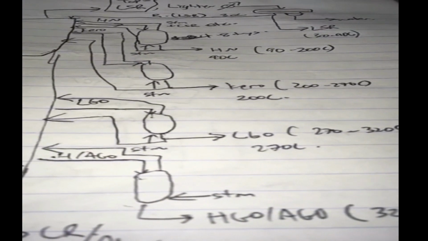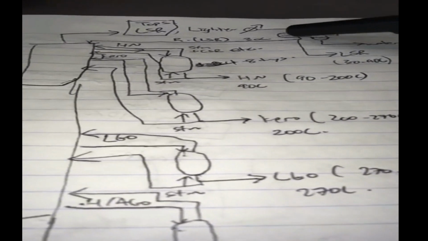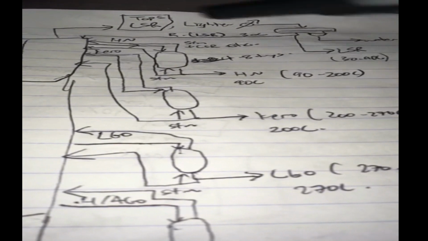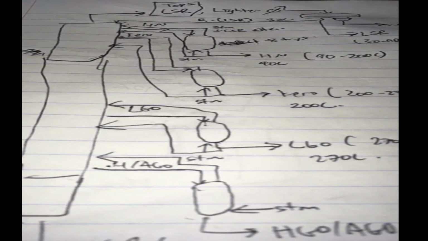So if I use this to reflux back into the tower, what will I get? I won't need to cool as much naphtha to 30 degrees from 90 degrees. Instead, I can just cool down my heavy naphtha to 90 degrees, or even less, maybe from 90 to 70. I can send it back into the tower, and I don't need to use cooling water.